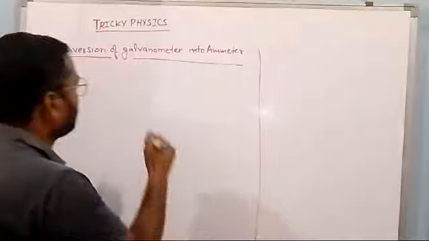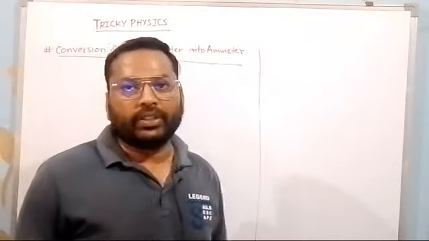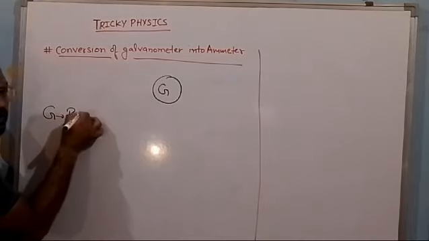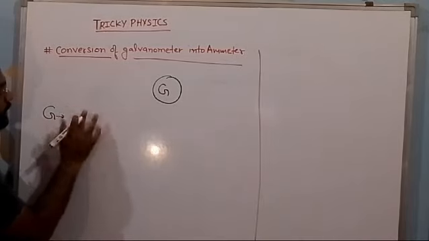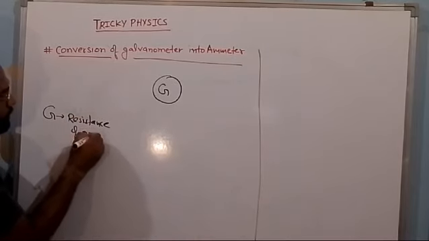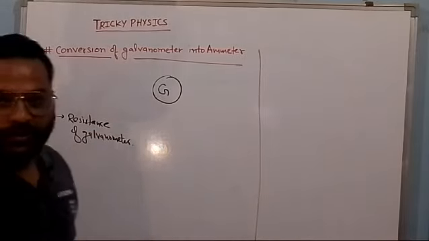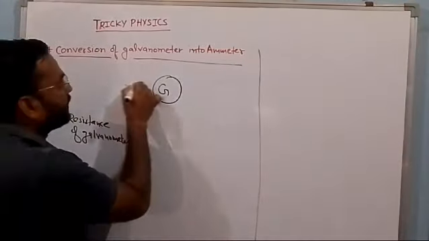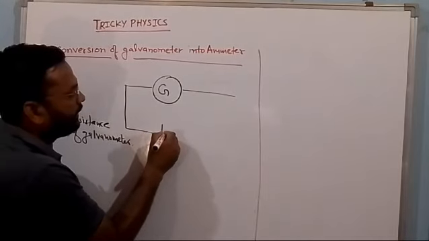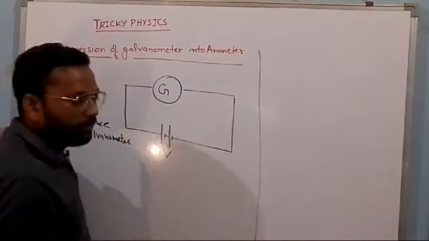So this is the galvanometer. This is the symbol for the galvanometer, and in this circuit we also use G as the resistance of the galvanometer. In this circuit we use a galvanometer, and we use a battery of V volt, having V voltage.